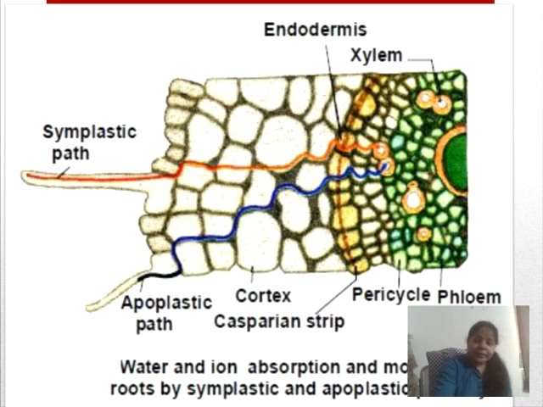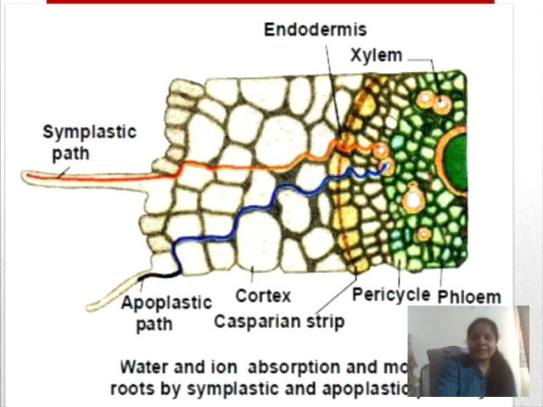So now it gets more clear that the water moves from root hair region up till endodermis region due to the osmotic gradient, but it is stopped by the Casparian thickening present on the endodermis.